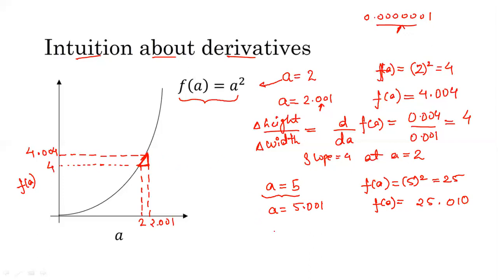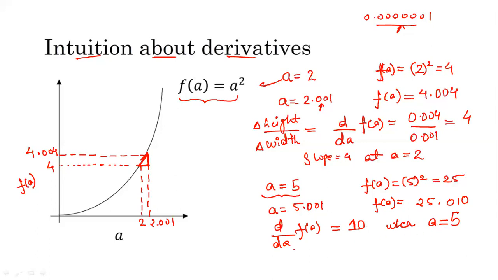So what will my slope be? It is d of a f of a: how much my height has changed with respect to the width. The slope came out to be 10. So the slope of this curve is 10 when we have the value of a as 5.